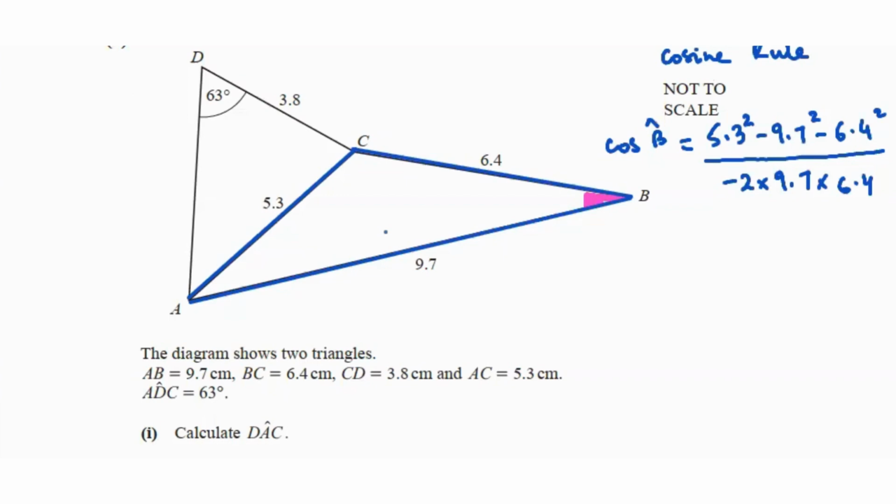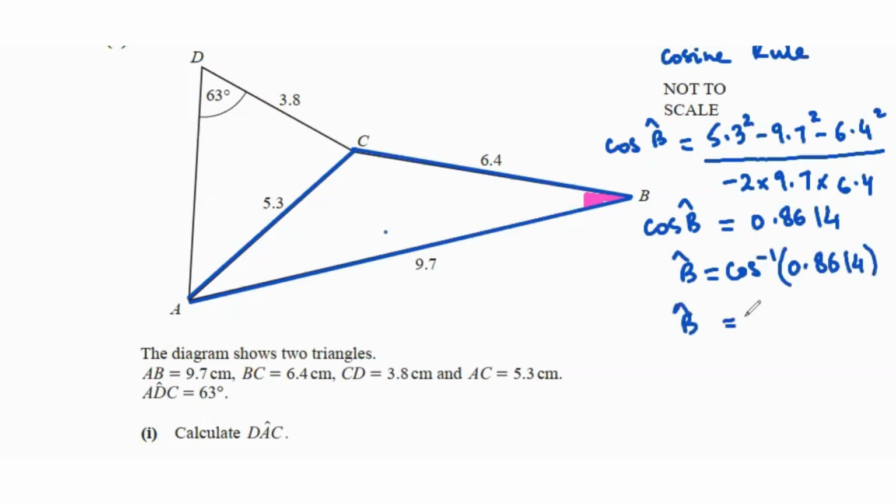Next, we solve this, and cos of B equals 0.8614. Then we take cos inverse of this, and that will equal 30.53 degrees. That is your angle B.